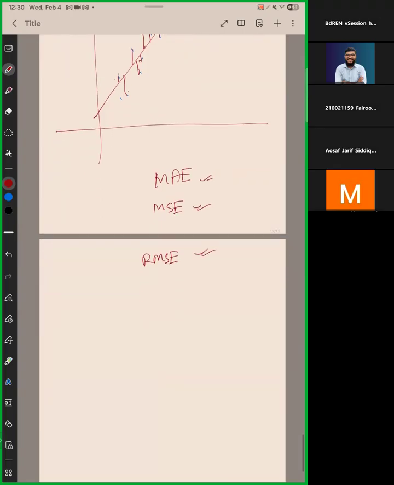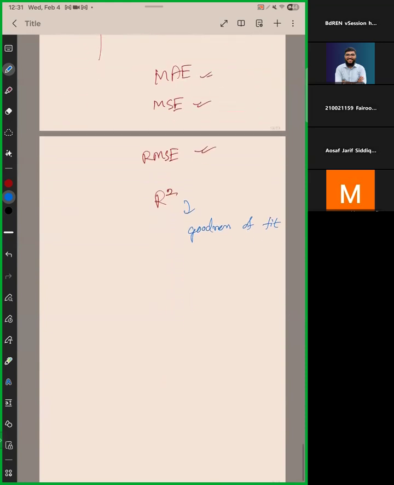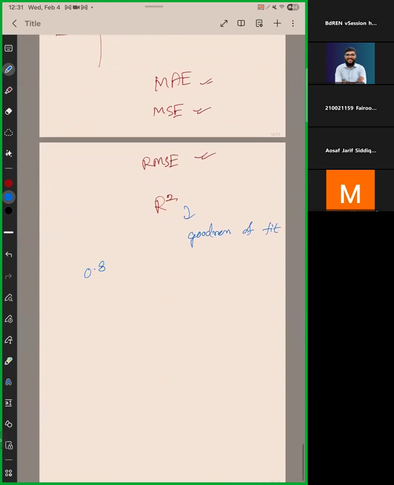The last one that we use is called the R square value. R square is a better one, called goodness of fit. So what is goodness of fit? This is a qualitative idea, just to give you an idea. Let's say your R square value is 0.8.